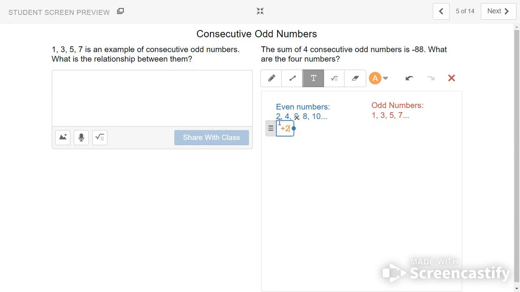So to go from my first even number to my next even number, I'm adding 2. I go to the next one, I'm adding 2 again, and again. Same thing for the odds. From 1 to get to 3, I'm adding 2, then another 2 and another 2. So all consecutive odd or even numbers skip by 2.